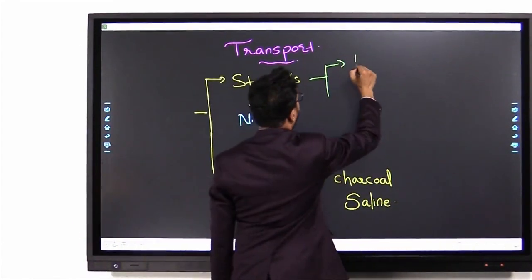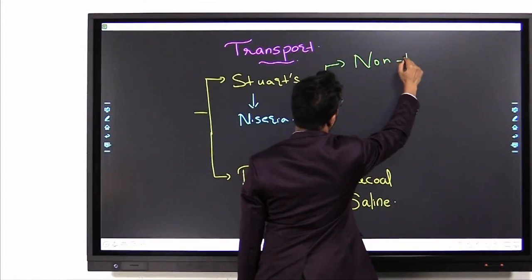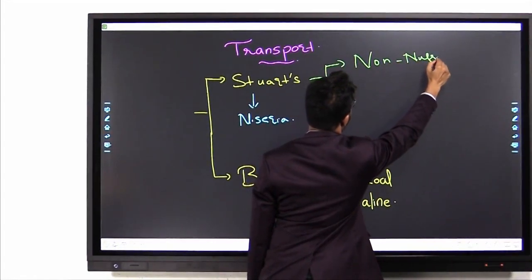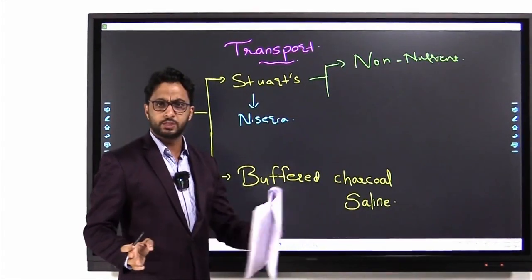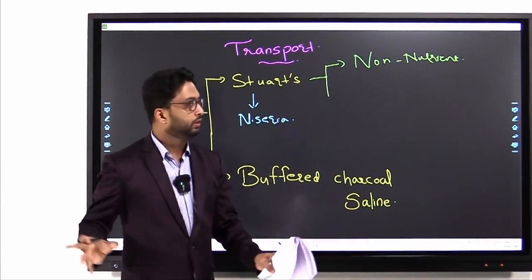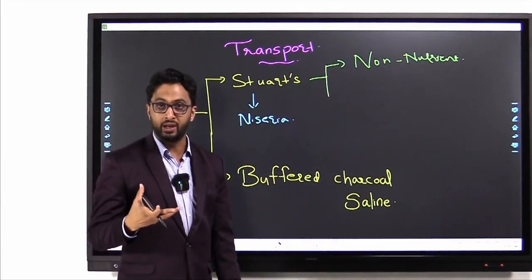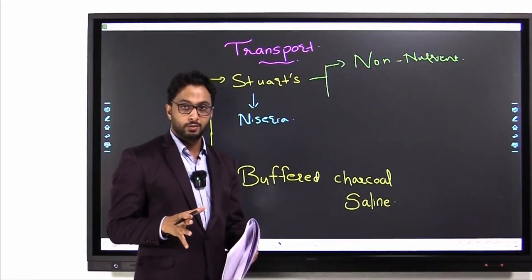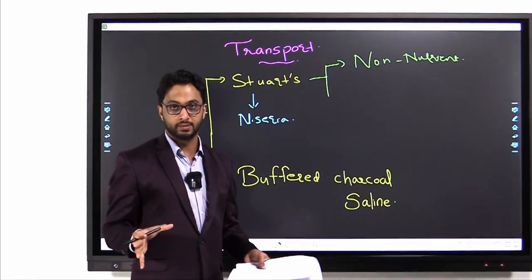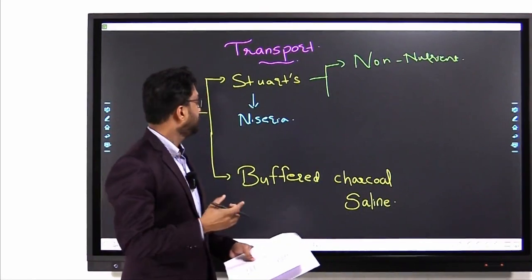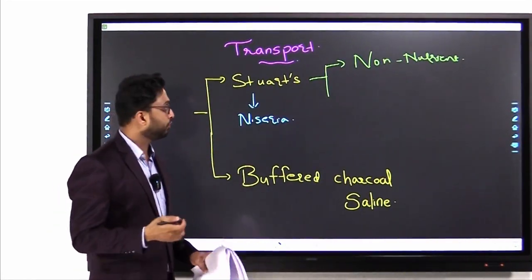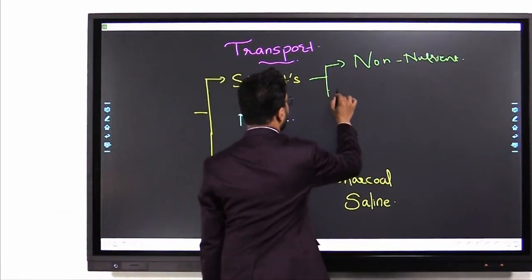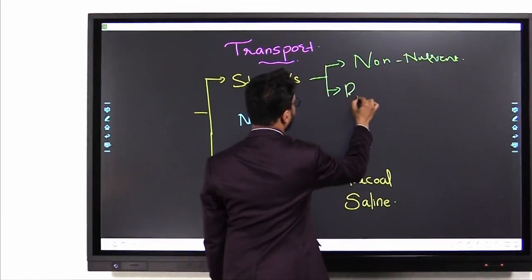It is a non-nutrient media. It doesn't contain any nutrition which promotes the growth of Neisseria. So you are just transporting it from one place to another, so you don't require nutrient. You just need to suppress the inhibitors. If there is anything which inhibits the Neisseria, that is what you need. So it's a non-nutrient media. It contains a reducing agent.